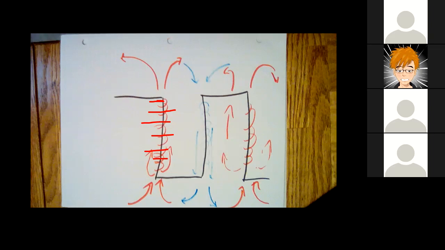And then each one of these, because there's 2 sets of currents, 2 sets of fields running against each other, one is multiplying the effect on the other because they're traveling in opposite directions.